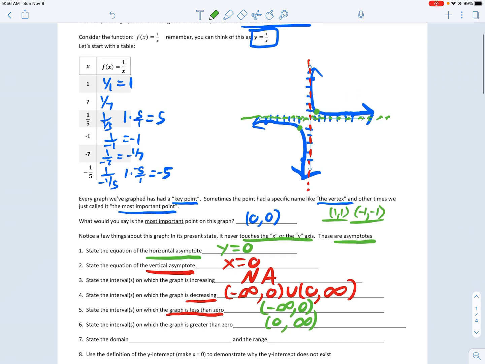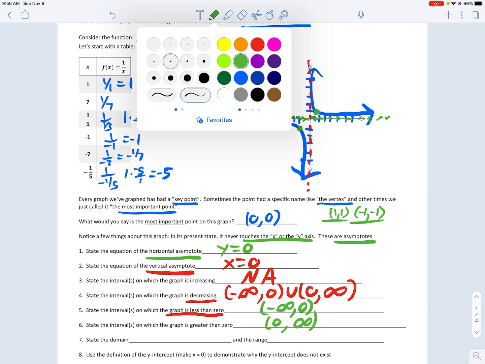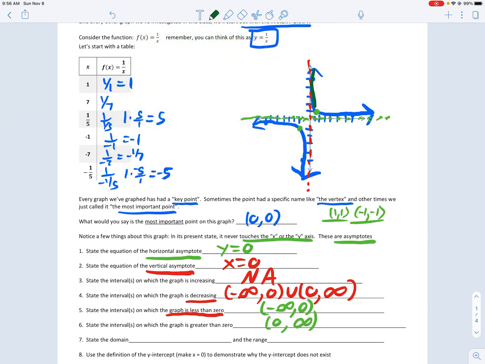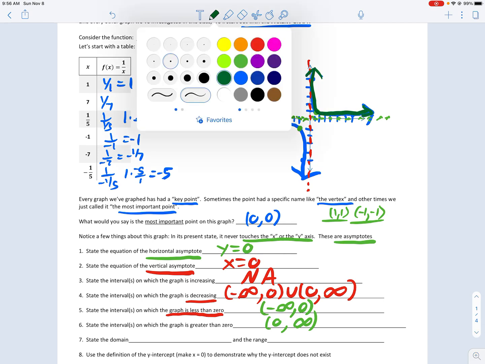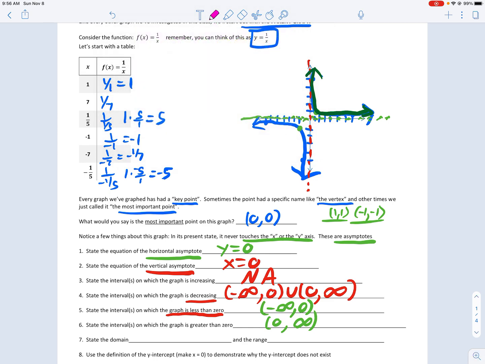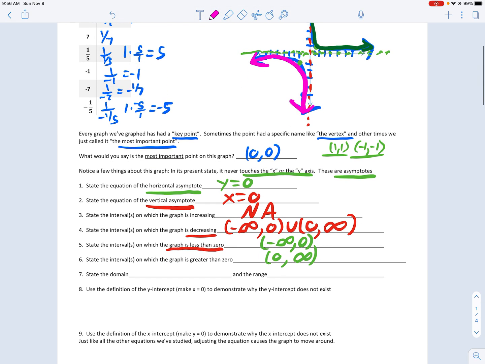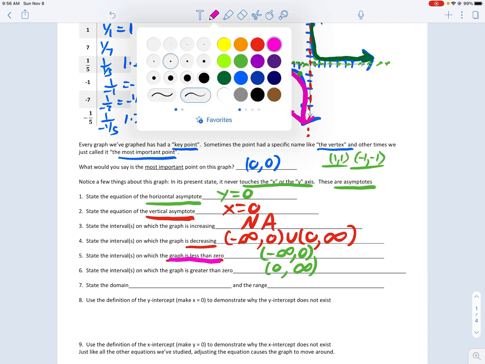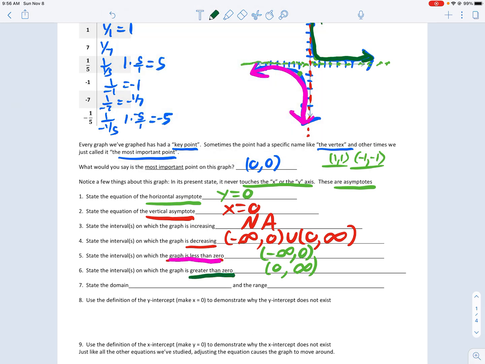So if you were coloring the graph, the dark green part here that I'm coloring is above 0. The part I'm doing in purple here would be below 0. So the purple part is the less than 0 part. The green part is the greater than 0.